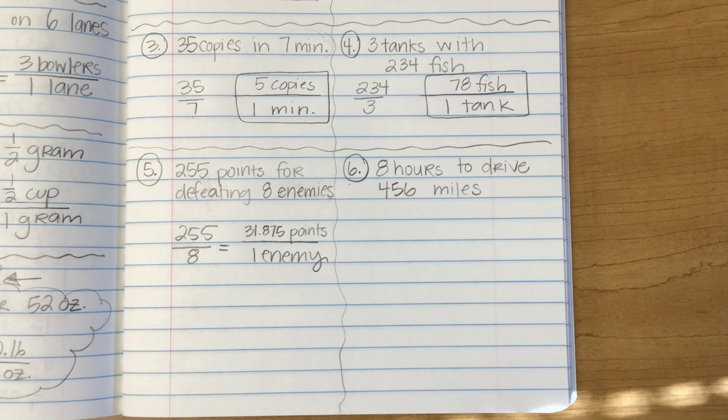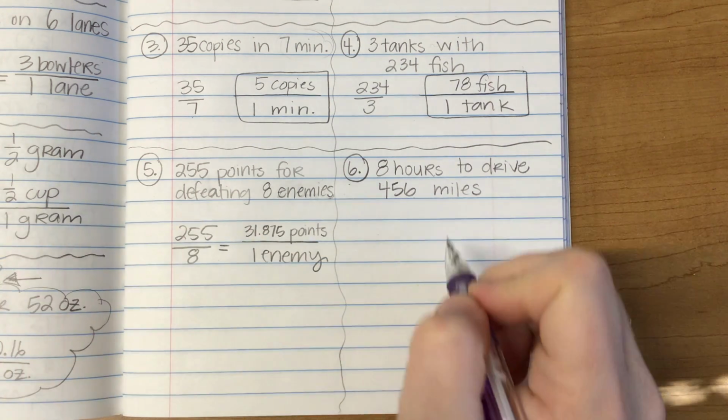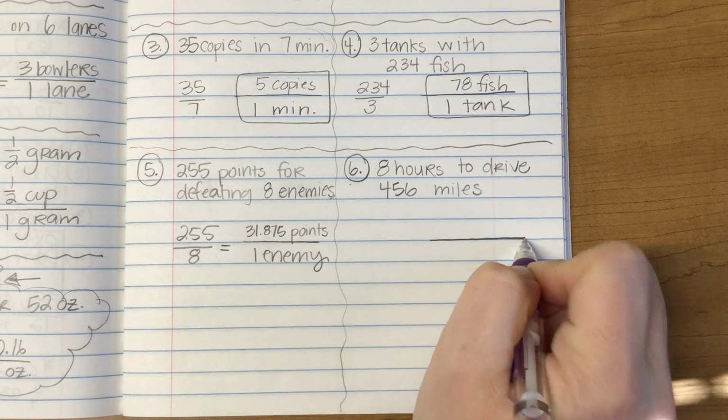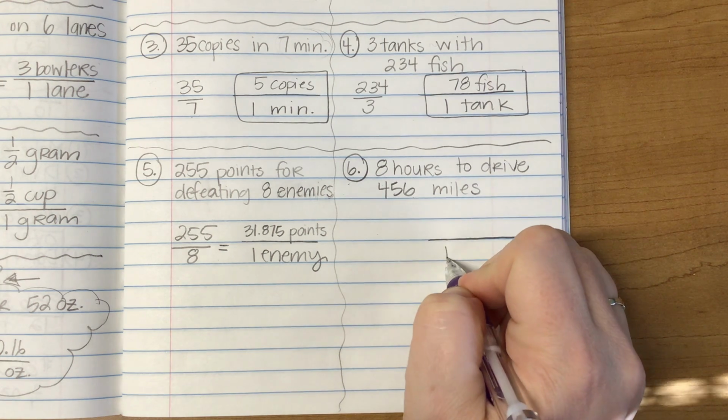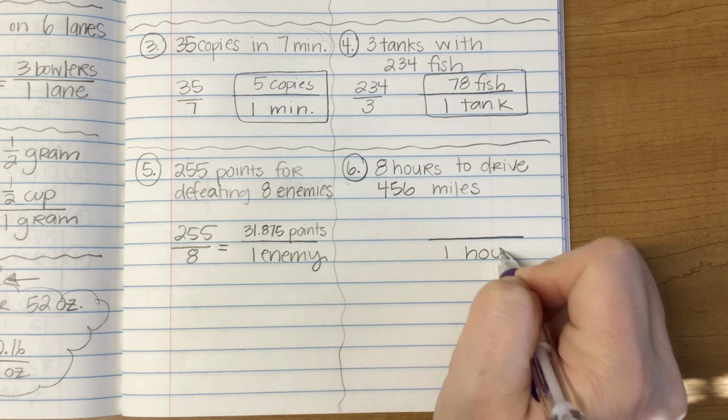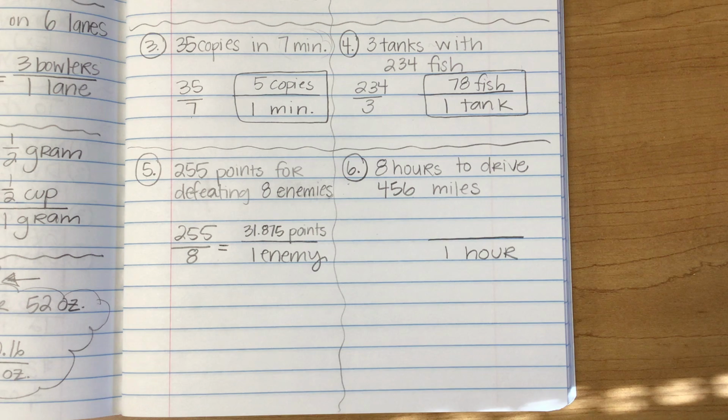Is our fraction hours over miles? Or is our fraction miles over hours? What do you think? I want 1 hour. How far do I go in 1 hour? Because if I asked you how far or how long does it take to go 1 mile, it's a really small number, right? We're probably going to measure it in hours.